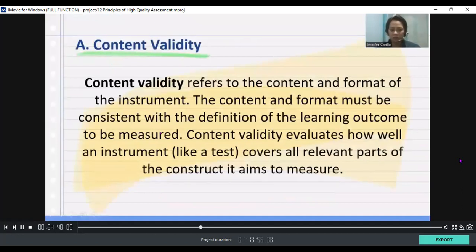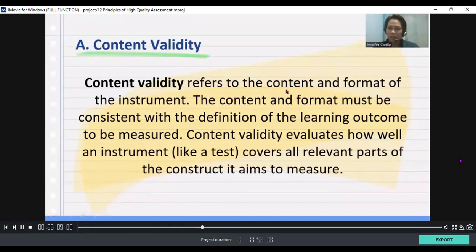Content validity refers to the content and format of the instrument. Okay, so as I discussed a while ago, the content of the test should be valid.